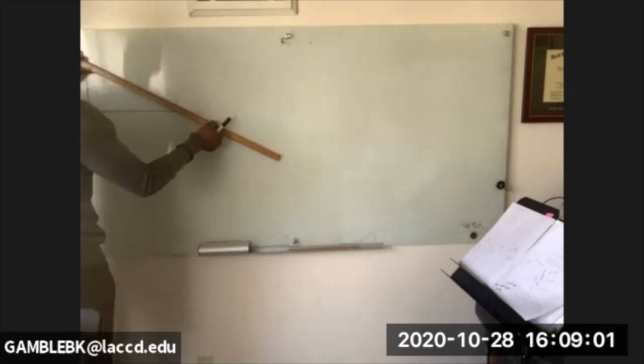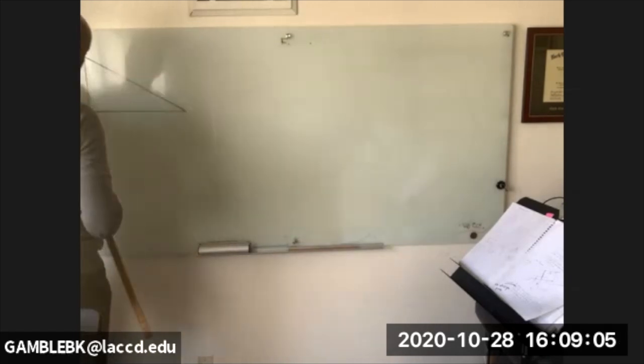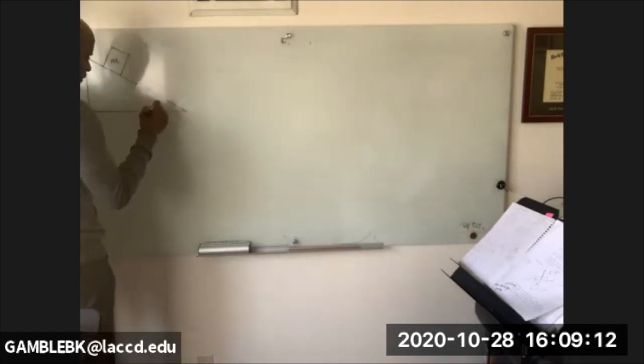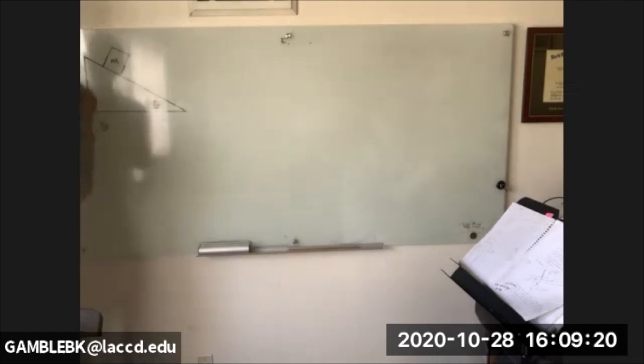So let's do a frictionless surface first, okay? So we've got a mass, M, and an angle, theta. What's given is the mass and theta. And probably we could give the height.